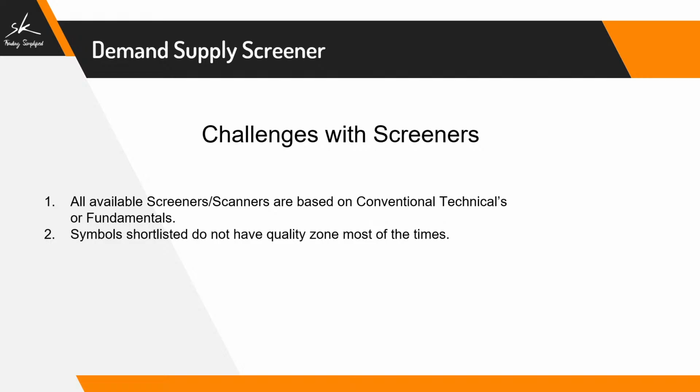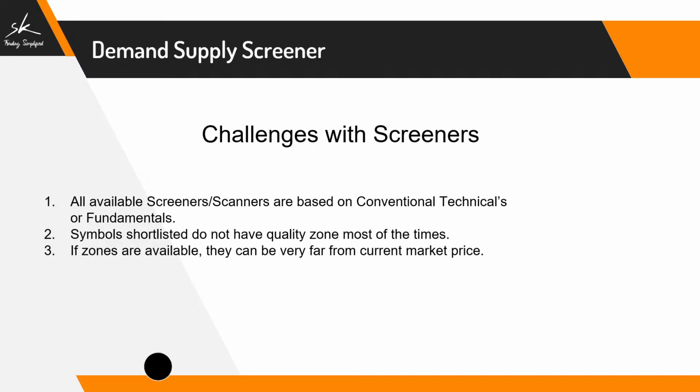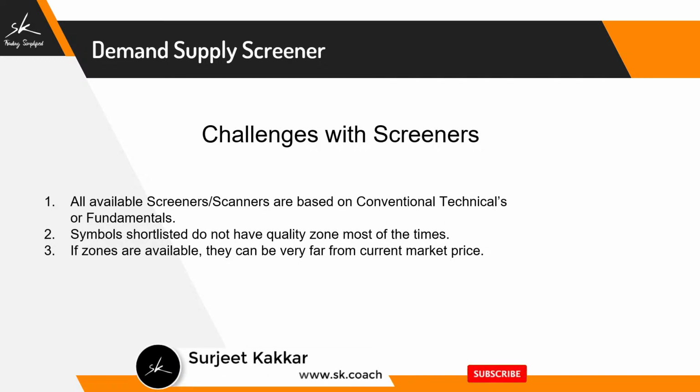That is a challenge. Let's say it shortlists 50 symbols for you, maybe out of those 50 symbols, 35, 40 might not even have any quality areas. Even if a few of them have some quality areas, those quality areas might be really far away from the current market price. So even if you're shortlisting something, you might have to wait for a very long period of time before the prices come back into your demand areas or into your supply areas.